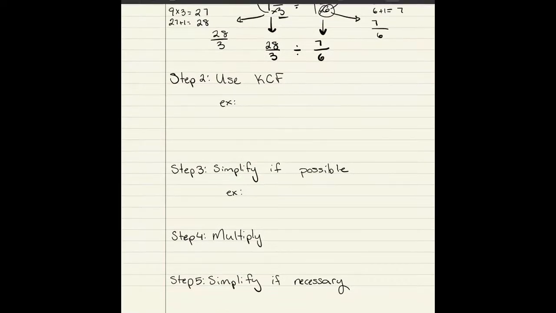Now I just have to divide as normal, right? When you divide fractions, you use KCF, which is step 2. Use KCF. So I'm going to K for keep 28 over 3, C for change the division sign to multiplication, and flip, F for flip, which would be 6 over 7.